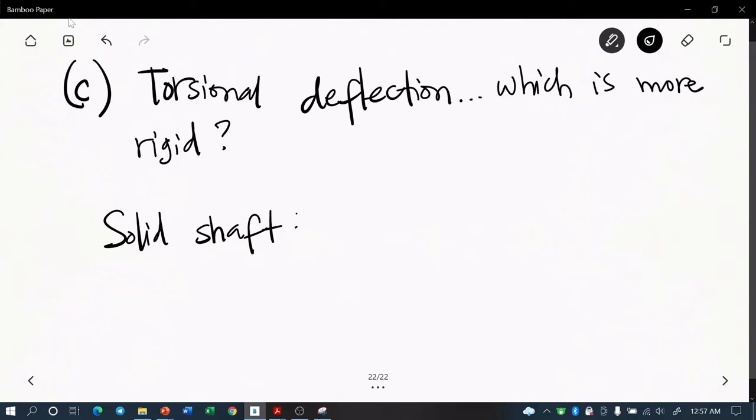Okay, so the torsional deflection when subjected to torsional stress is phi is equal to the torque times the length of the shaft over the centroidal polar moment of inertia times the modulus of rigidity. And this torsional deflection is in the unit of radians.